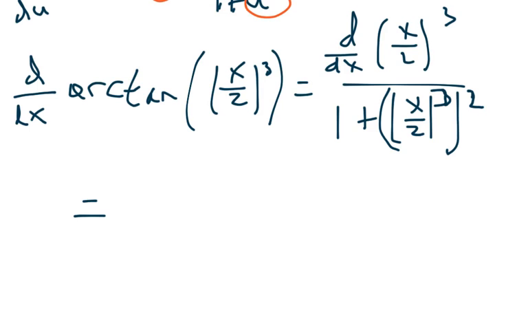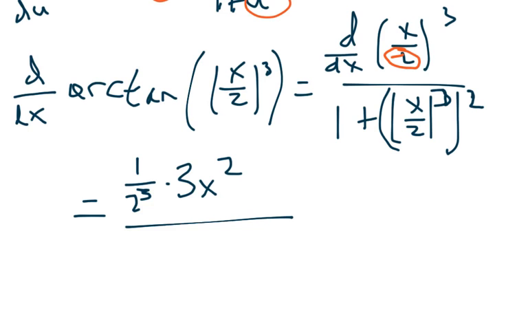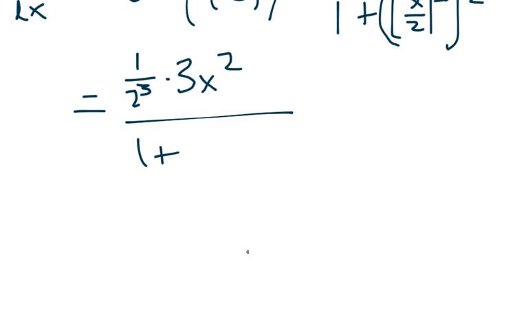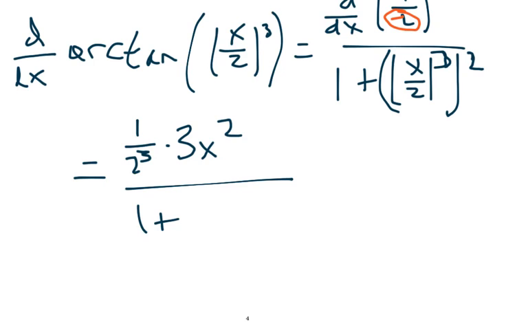Okay, so what does that equal? Well, be careful here. I made this mistake when I was setting up this problem. I have 2 cubed, so I have 1 over 2 cubed. This is a constant. And then I have d/dx of x cubed, so that's 3 times x squared, over 1 plus, well, now I have this whole thing to the 6th, so x to the 6th over 2 to the 6th.